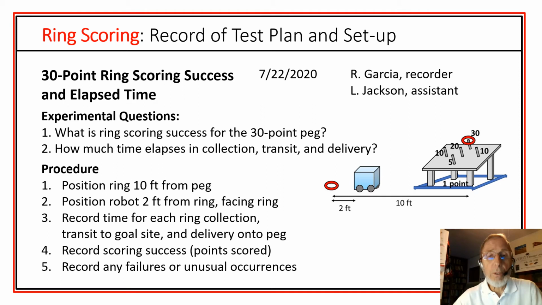We also then record the success in scoring. And ideally, we're going to be observant and note failures or unusual circumstances that we encounter and record those as well. So this basically gives us a testing plan for this particular evaluation.